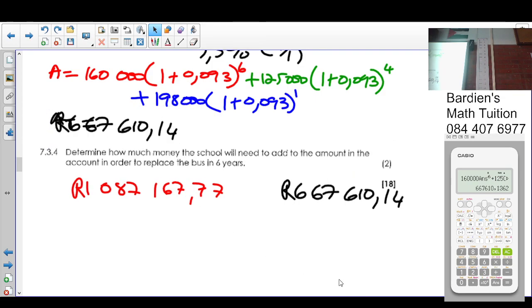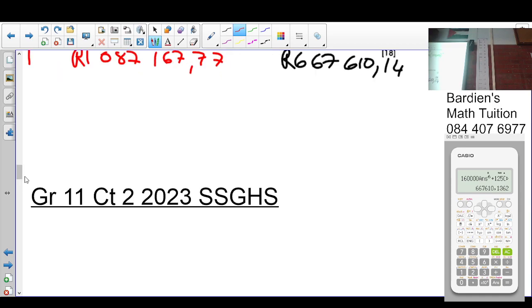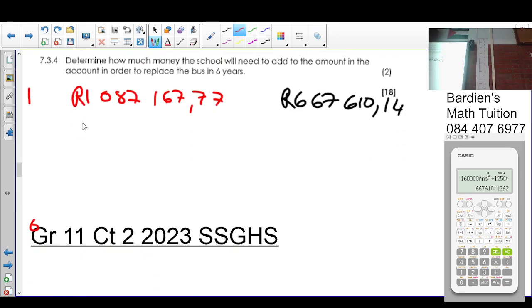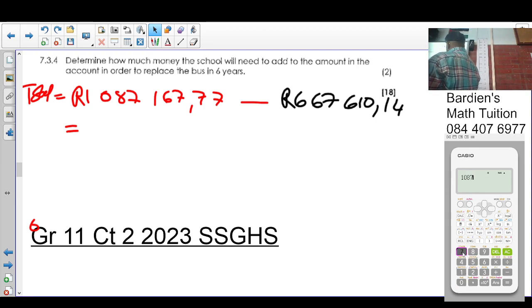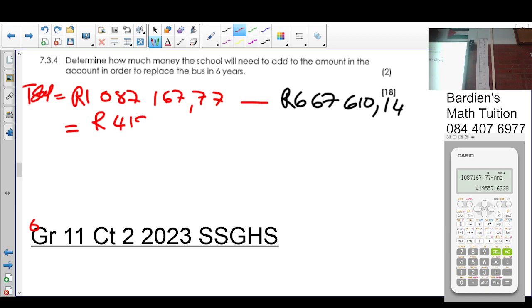So the shortfall, or the total needed, the difference of that. So we say 1,087,167 rand 77 cents minus that answer gives me 419,557 rand and 63 cents.